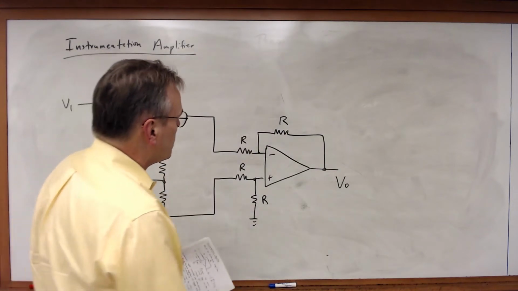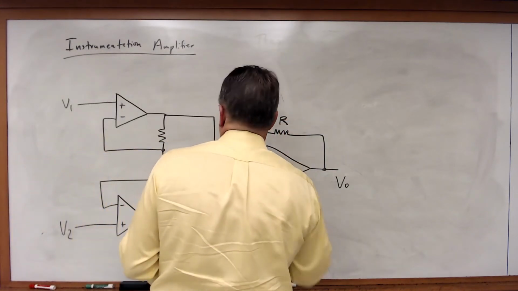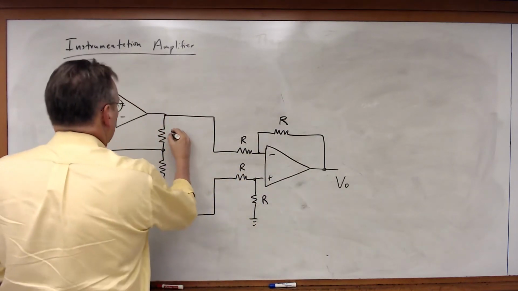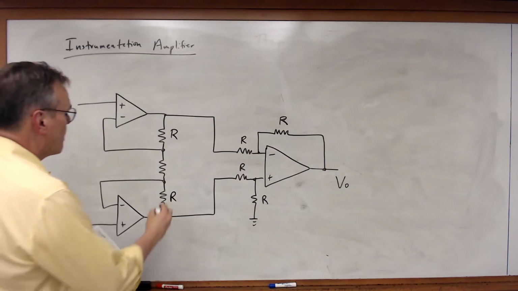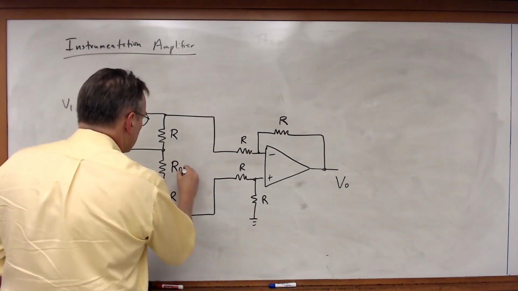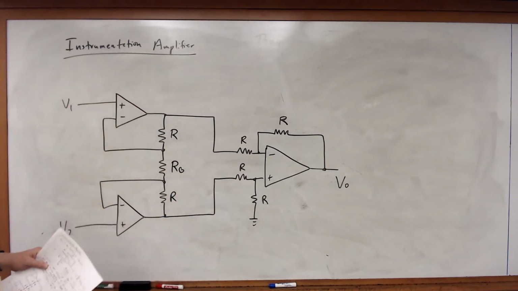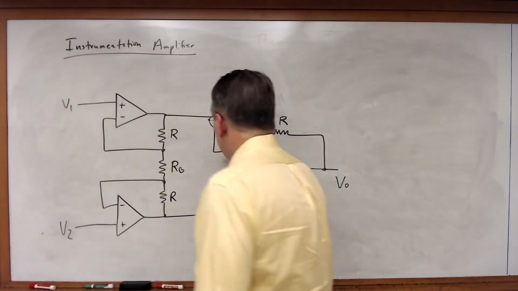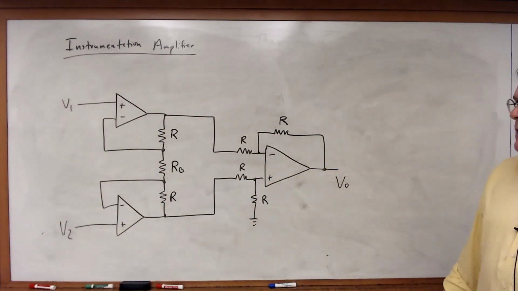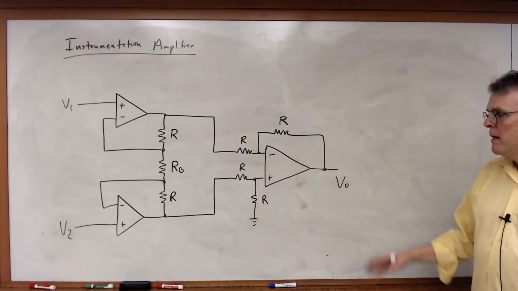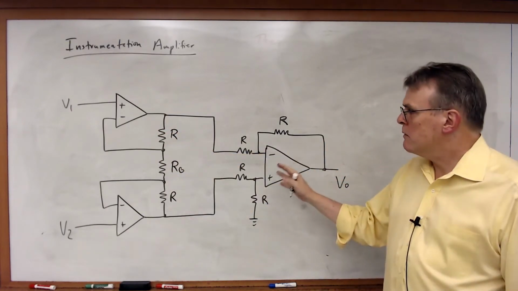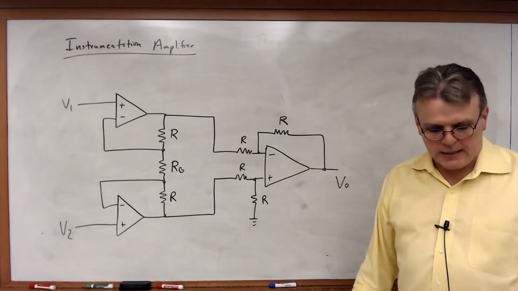They all have a value of R. These resistors have a value of R. This resistor, R sub G. So I've got three op amps combined together with my inputs going into those two separate amplifiers. Let's apply the three rules and analyze this circuit and see how it works.